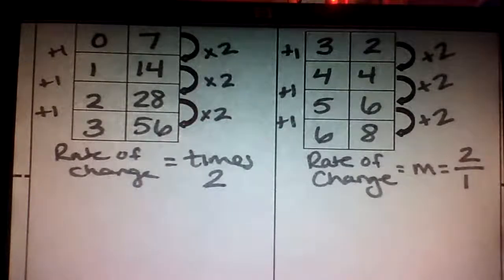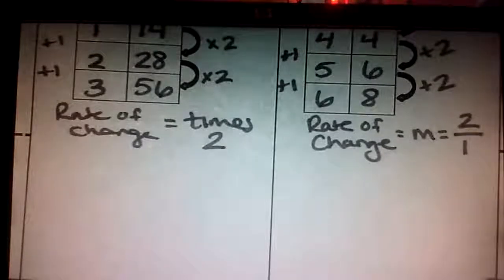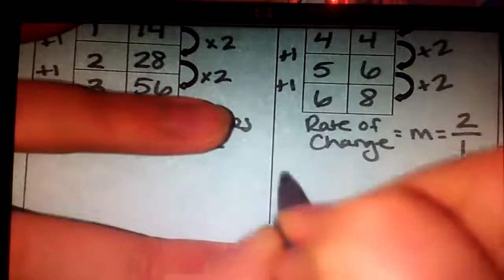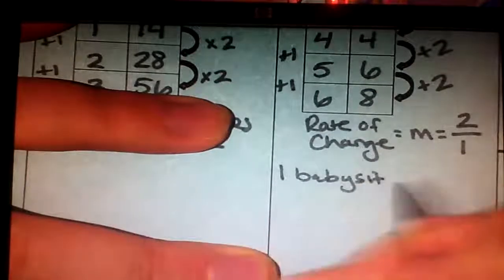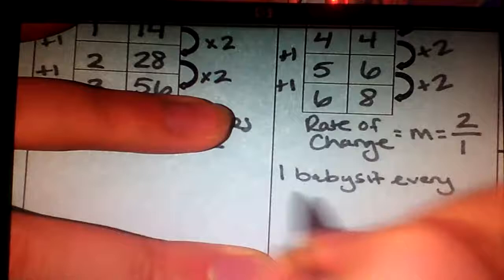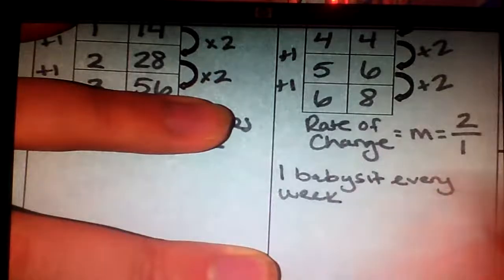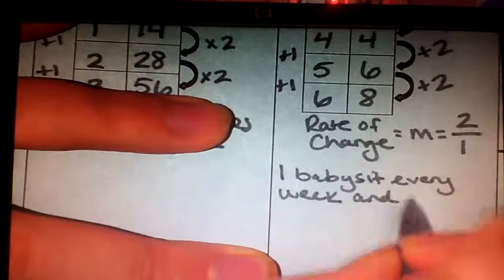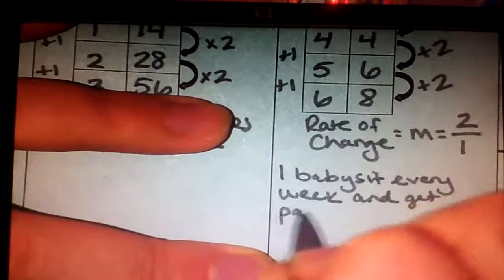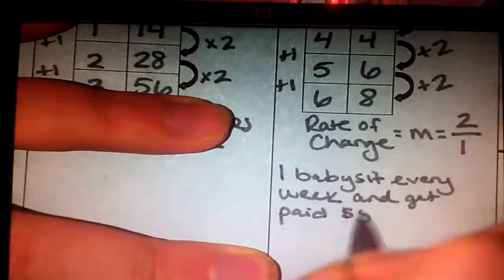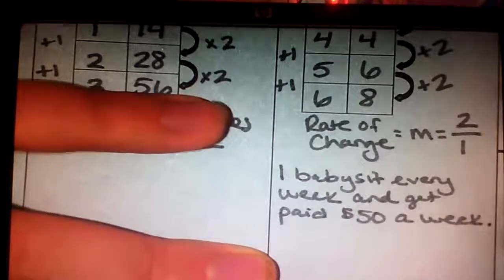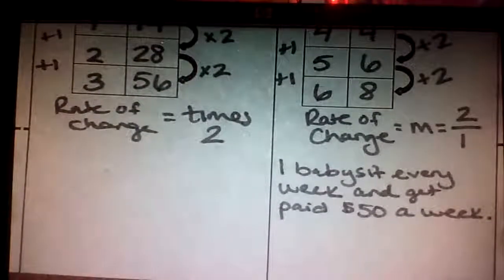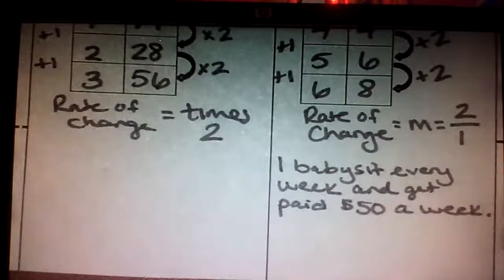So, a word problem on the linear side would be something like, I babysit every week and get paid $50 a week.